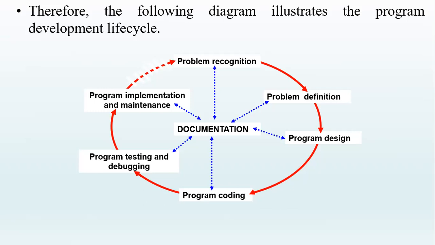My dear students and the rest of the learners, we call this diagram or this set of stages a cycle because after a program has been implemented, during maintenance, one may realize that there's a problem that has not been sorted, or the initial problem has advanced and there is a new type of problem that cannot be solved by the current program as it is, and therefore the programmer has to proceed again to the first step, which is problem recognition.